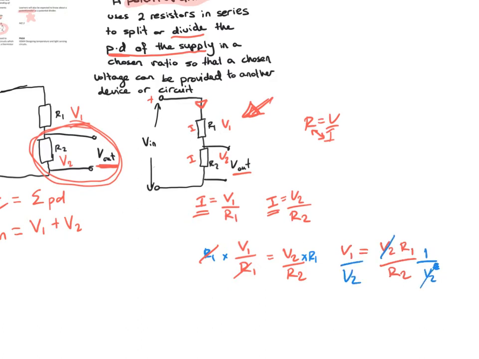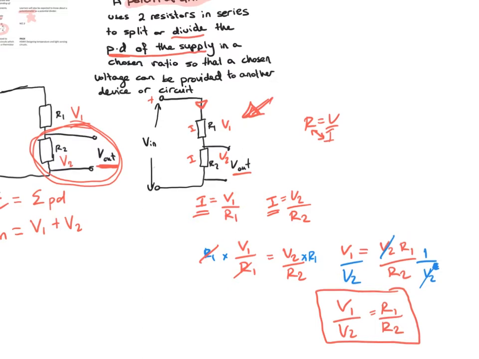Once again, we get rid of it, and I come up with the expression of V1 over V2 is equal to R1 over R2. So if I had a potential divider circuit and I was given V1, R1, R2, I could rearrange the equation to get V2, the potential difference across resistor 2. And that's due to the fact that they both have the same current going through them.